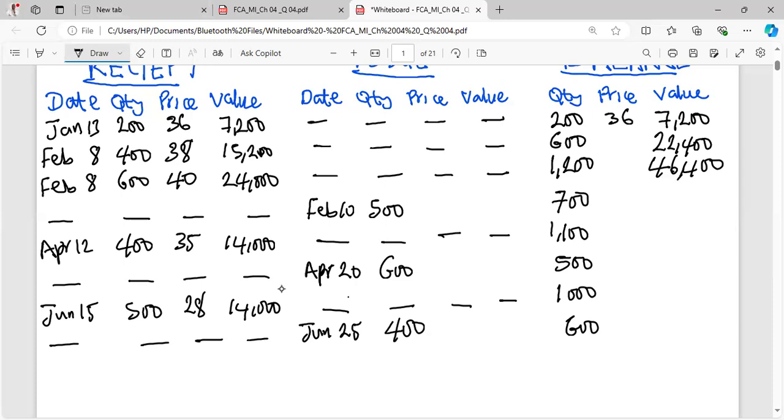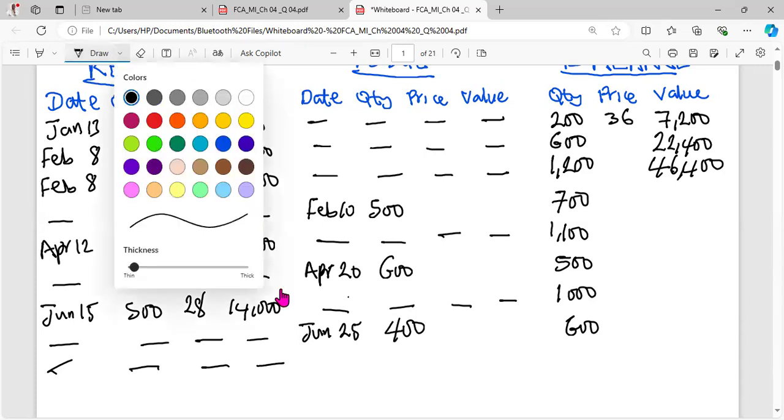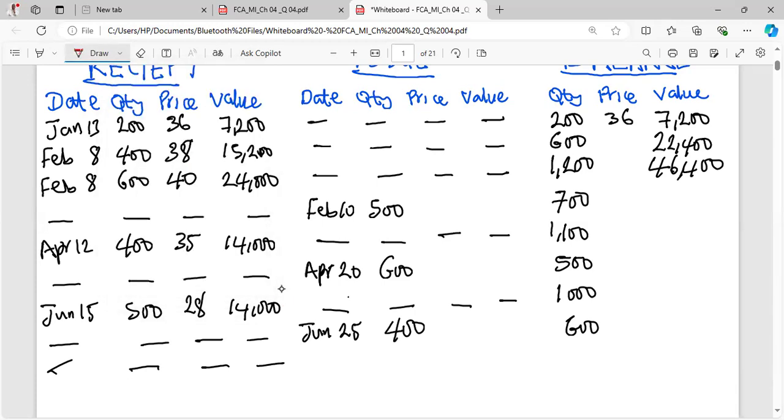So I'll take it as an issue. So there's a dash here. It's also a dash here, dash here, dash here. Let me use a different color so that you get to understand it. So I'm going to put June 30. I'm going to use 100. So 100 is missing.